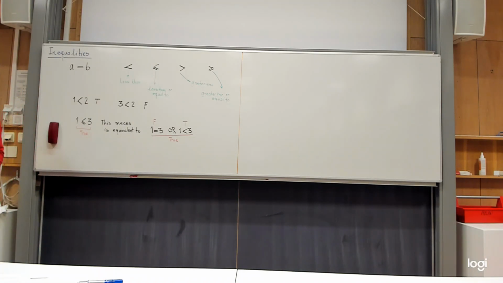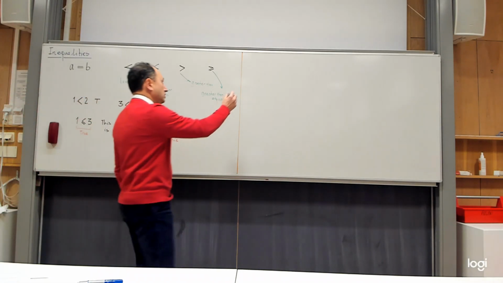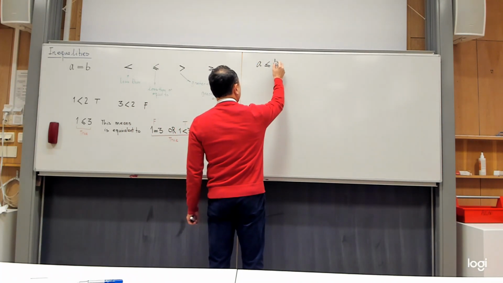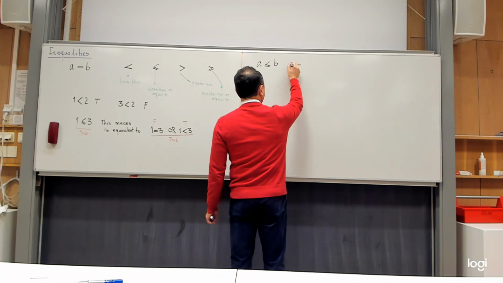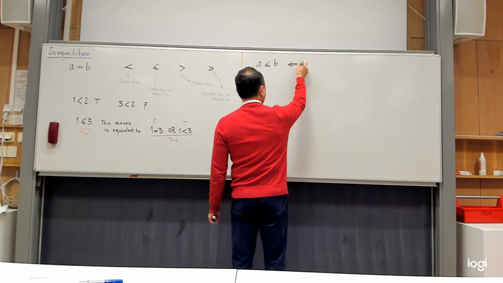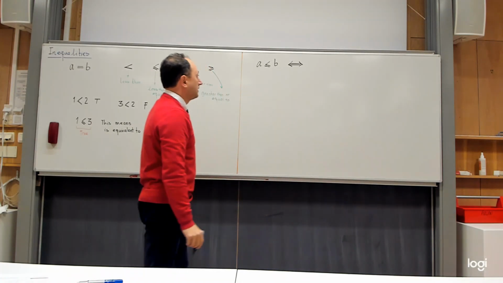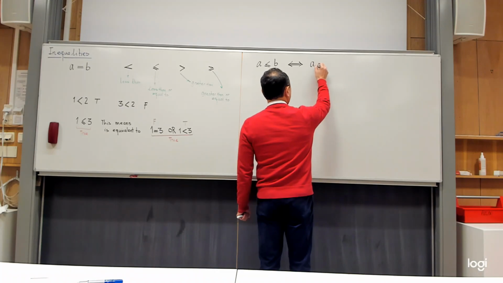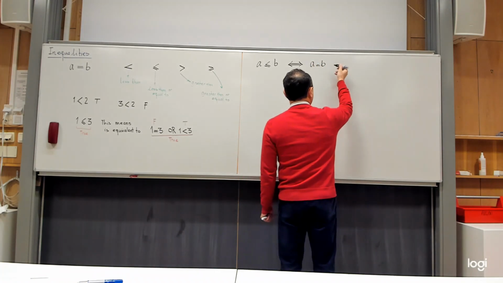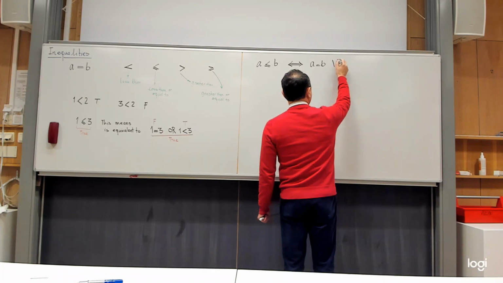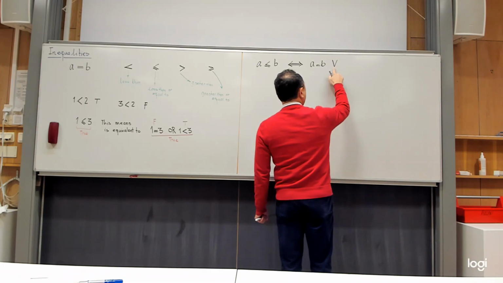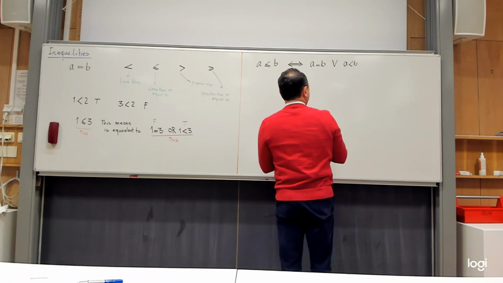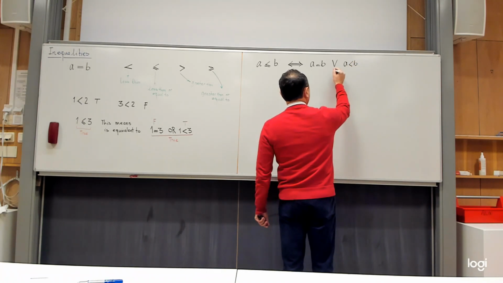Is that clear? So let me write this. This is good to know. When we say that A is less than or equal to B, it is equivalent, and in mathematics, if you want to say two statements are equivalent, you use this symbol. A less than or equal to B means either A is equal to B, or, if you want, let me just use this symbol, which in mathematics means or, A is less than B. So that is a symbol that we use for or.